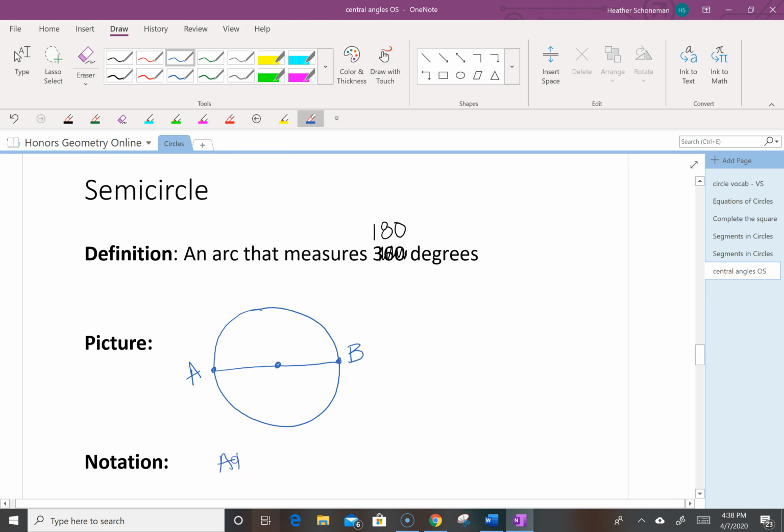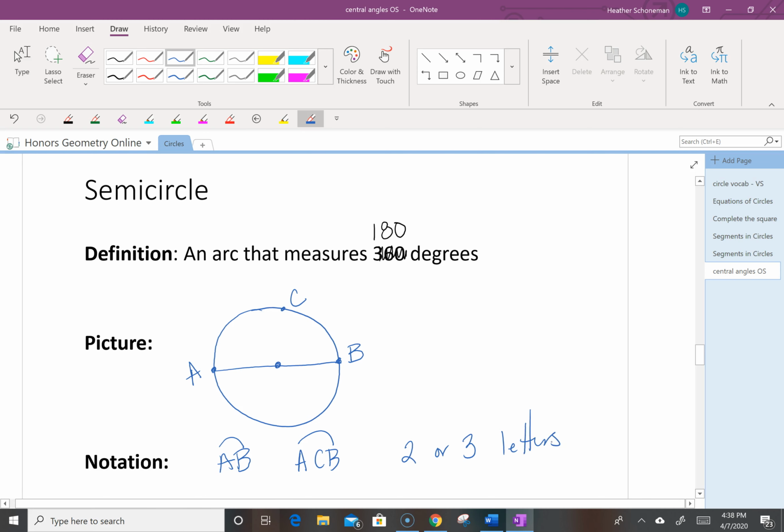And I could call this arc AB. You say, well, which one is it? Well, it doesn't really matter. They're both 180 degrees. You can go the top half or the bottom half. Now, if I had a 3rd letter on there, I could use that as well so I can know that it was the top arc. So this one, when you name it, uses 2 or 3 letters.